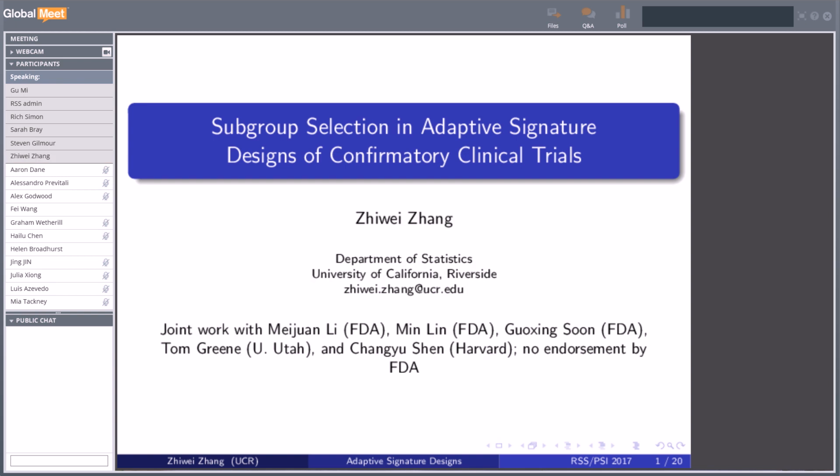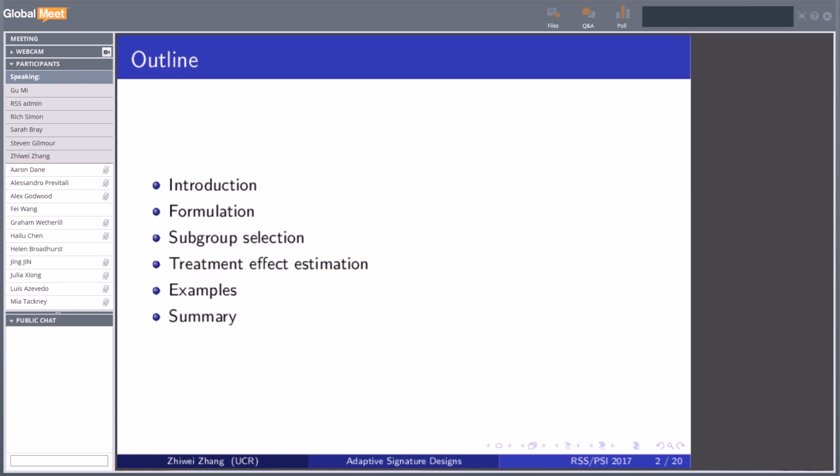This paper is joint work with my former colleagues at FDA, Meijun Li, Annie Lin, and Greg Soon, as well as my academic collaborators Tom Green at Utah and Changyu Shen at Harvard. I should emphasize that the paper represents our own professional views and not the official position of the FDA.